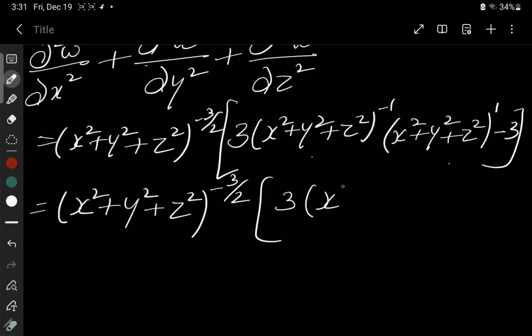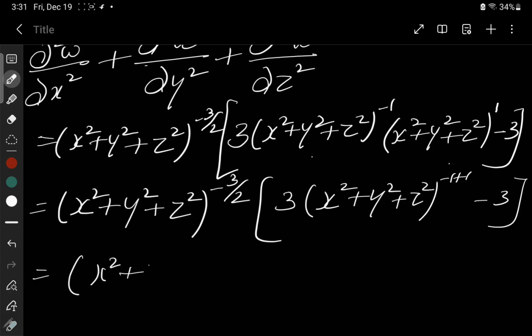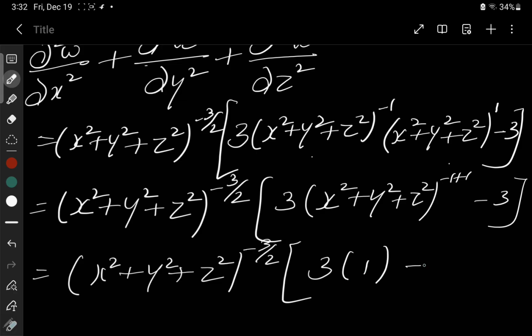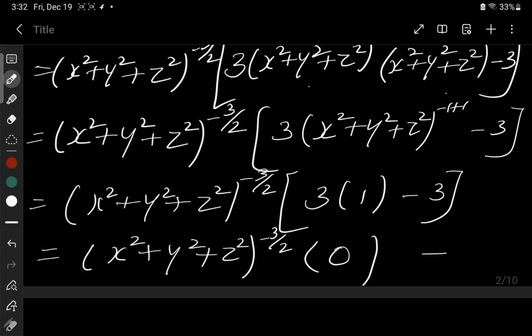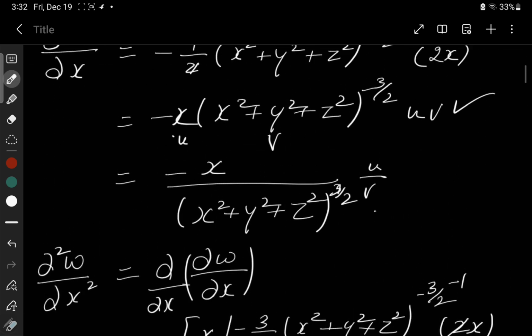So let me write that as x squared plus y squared plus z squared, to the power 0, which is 1, minus 3. What is 3 minus 3? 0. So x squared plus y squared plus z squared whole power minus 3 by 2 into 0. This is equal to 0.